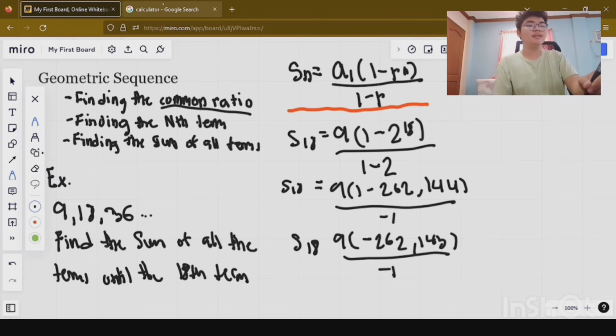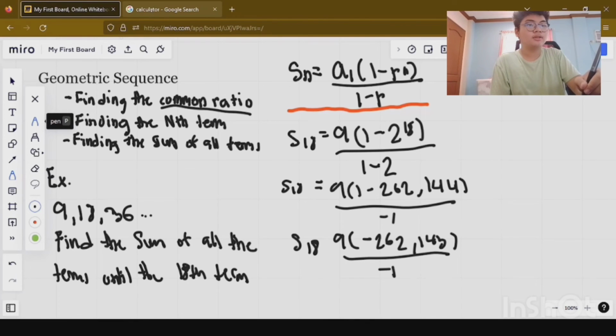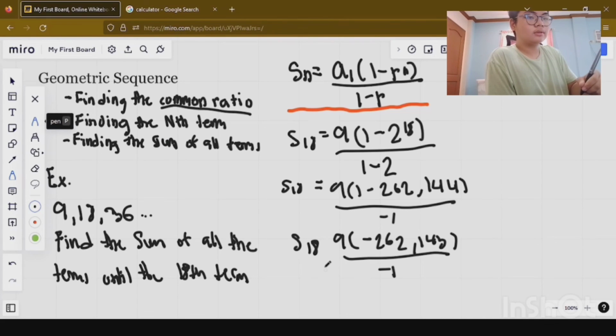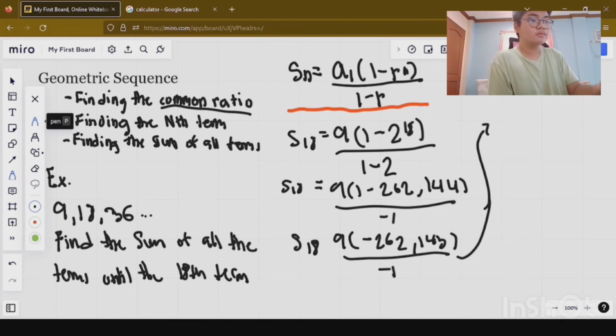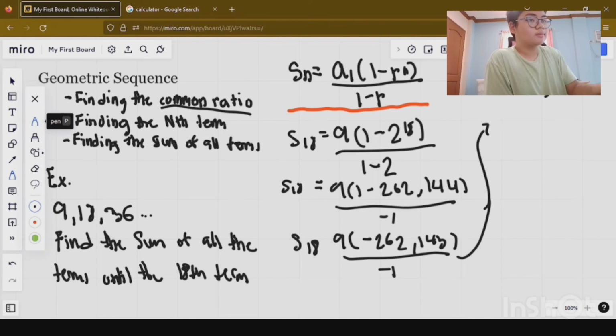And then we multiply 9 times negative 262,143, which is equal to negative 2,359,287.